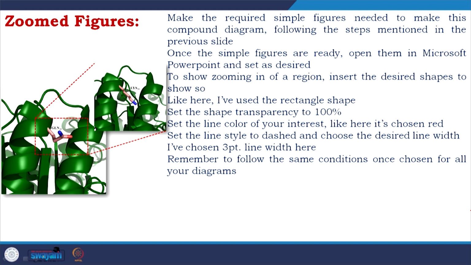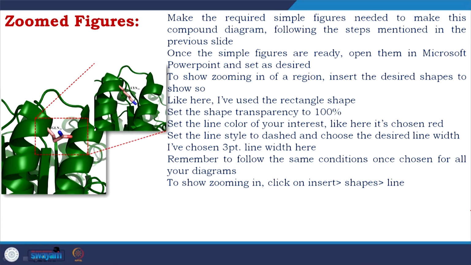You always remember to follow the same condition once chosen for all your diagrams. Continuity again shows the maturity of the author who is writing the manuscript and creating the figures, or describing a project. As an undergrad, as a masters student, you do projects.